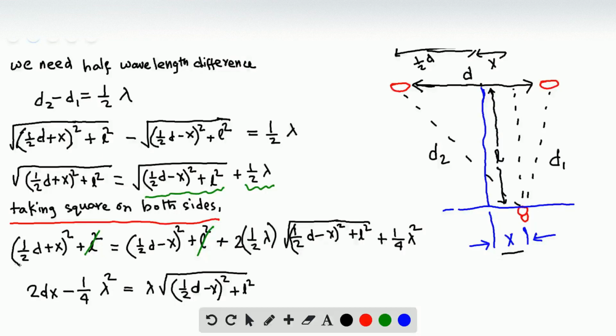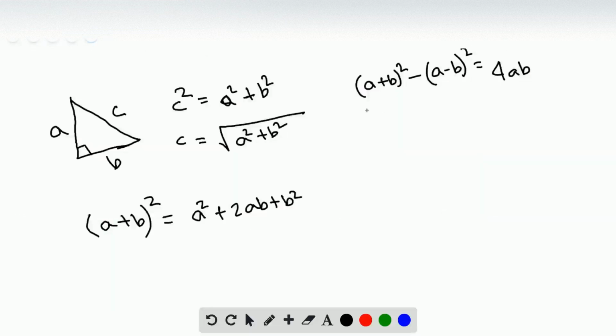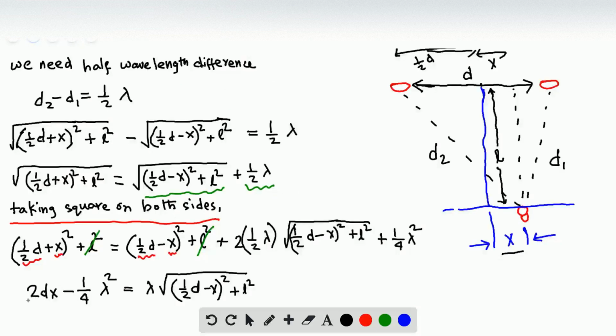So we have now a and we have b, we have a and we have b. So we're taking this guy on the left, and that makes this expression, and then we're replacing this whole big expression by simply writing 4 times this first term and second term. So that's what's happening here.